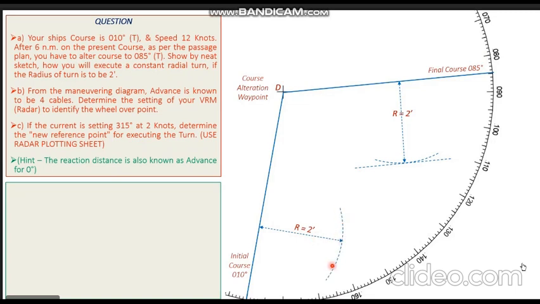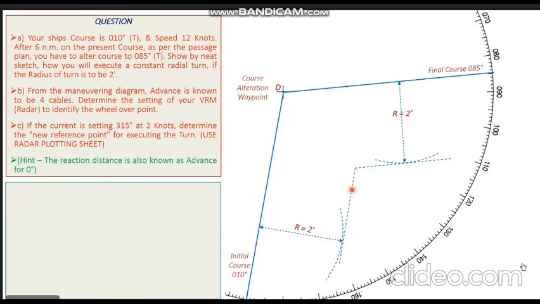You can see this arc also coming up on the screen. And now I draw a tangential line on this arc, which is parallel to my initial course. Using my sliding roller, set square or parallel ruler, I draw a parallel line tangential to this arc. I can see the tangential parallel line coming up on the plot.